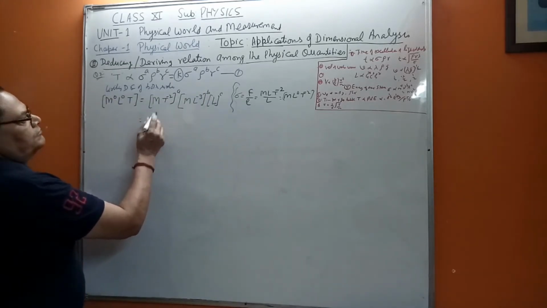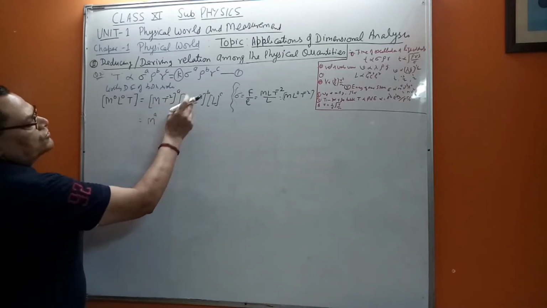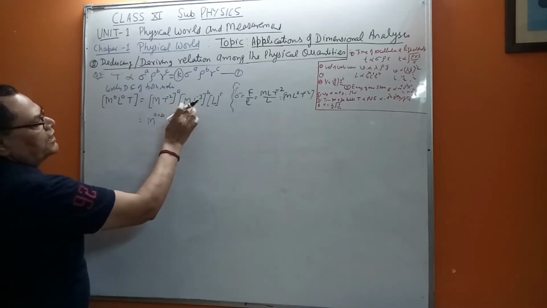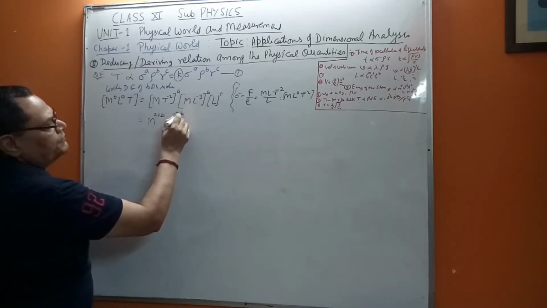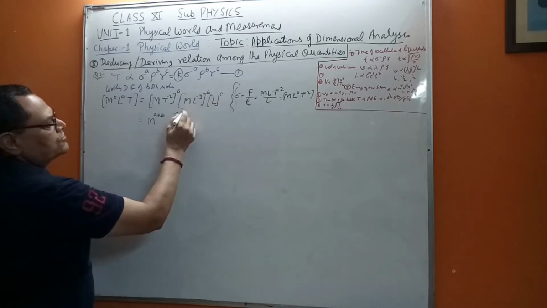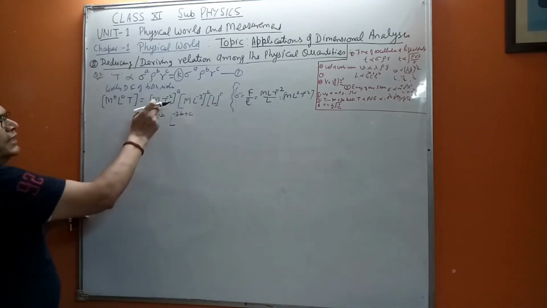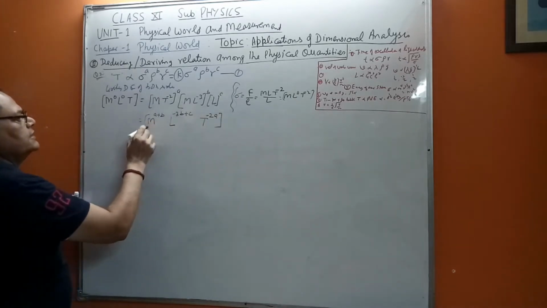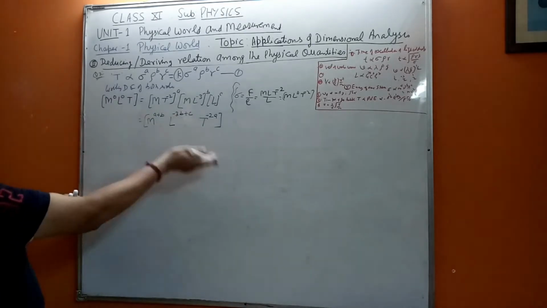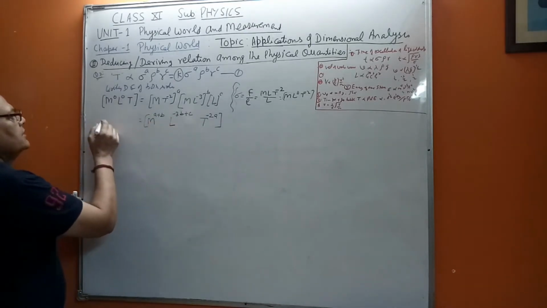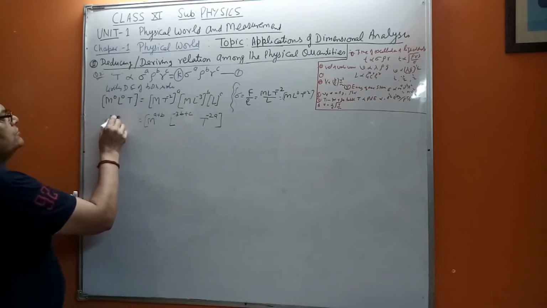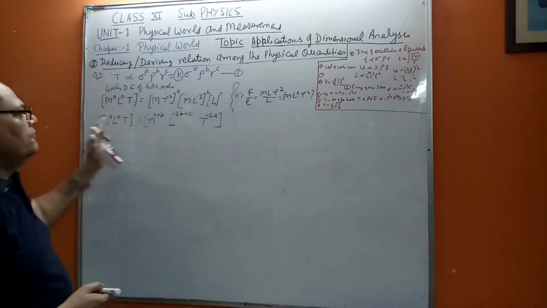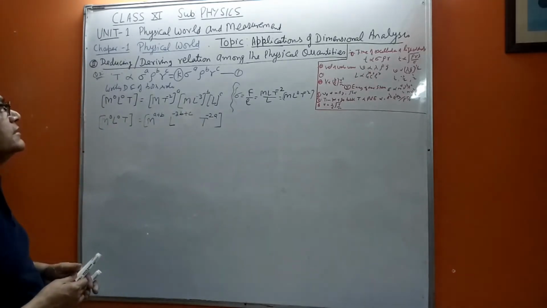Here we will get M raised to a plus b. Now for L, you have minus 3b and plus c. And T is raised to power minus 2a. So this is the final relation for the right hand side, and the left hand side is M0 L0 T. We have written the dimensions of both sides and simplified till this step.